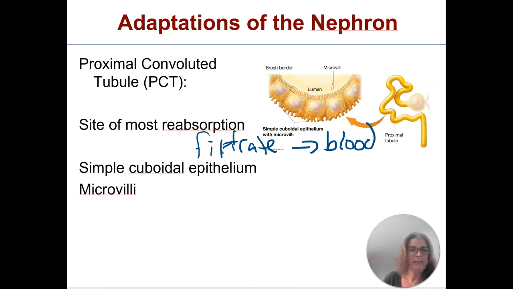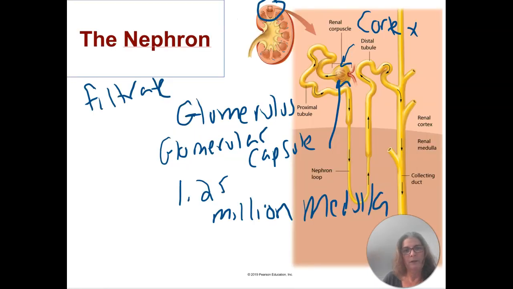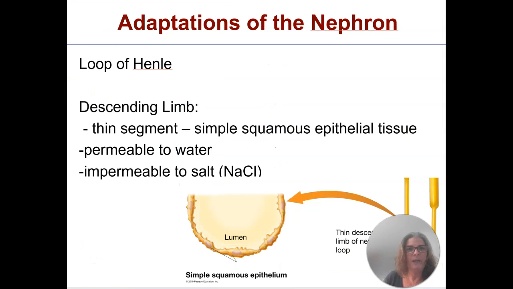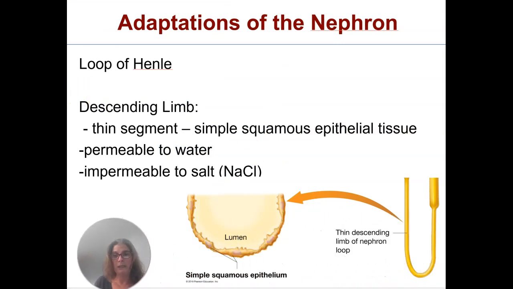Now, from the PCT, the filtrate is going to flow through the nephron loop, or loop of Henle. It's going to go down the descending limb, make a hairpin turn, and come up the ascending limb. So when we look at this nephron loop, there's different permeabilities. The descending limb is simple squamous epithelial, and it's permeable to water, but impermeable to salt.